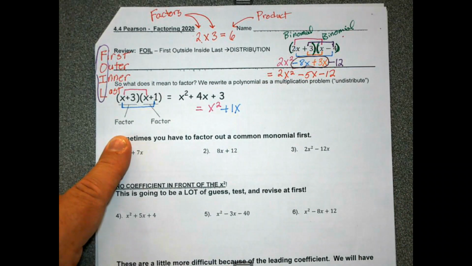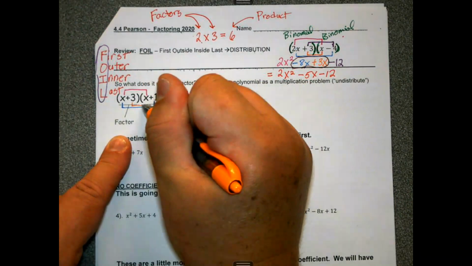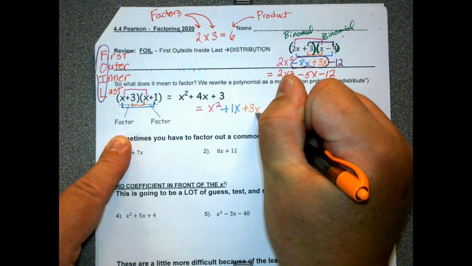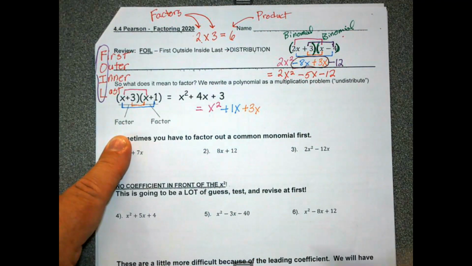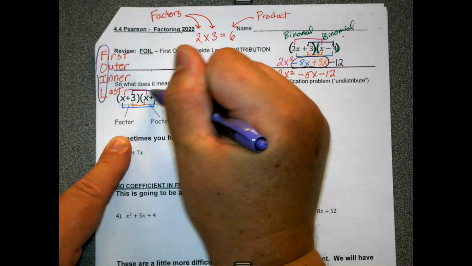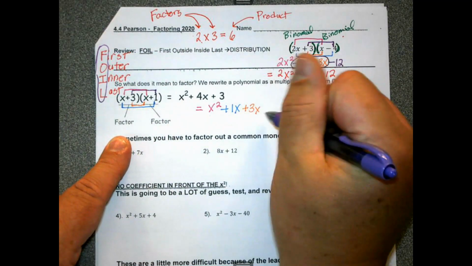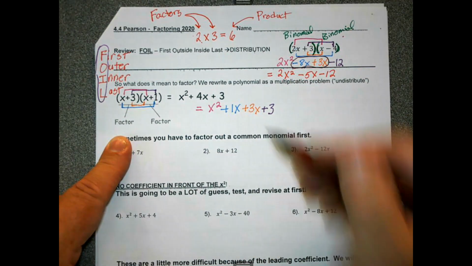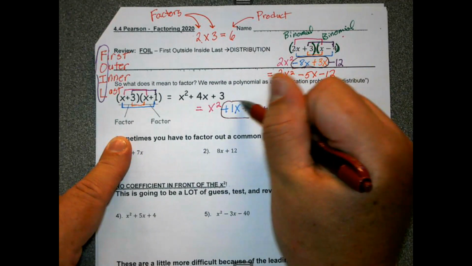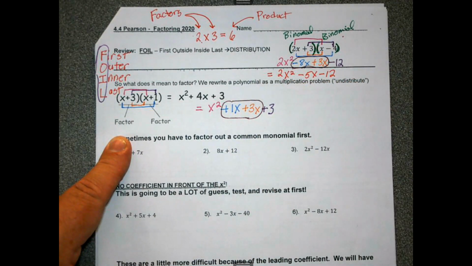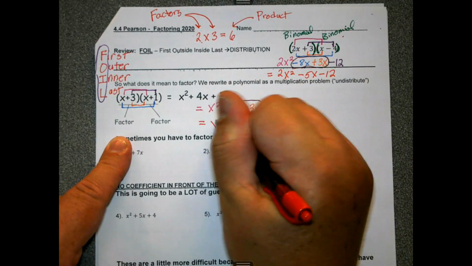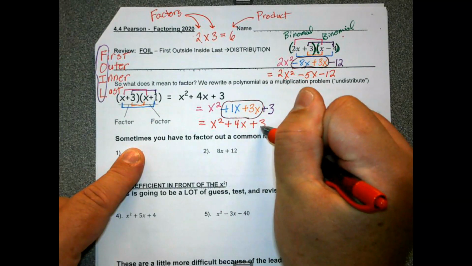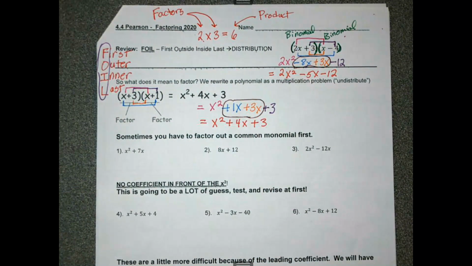The inner, positive 3 times the positive 1x, positive 3x. And then the last, positive 3 times positive 1 gives me positive 3. I always have the x to the first terms to combine. So I get x squared plus 4x plus 3. Okay?